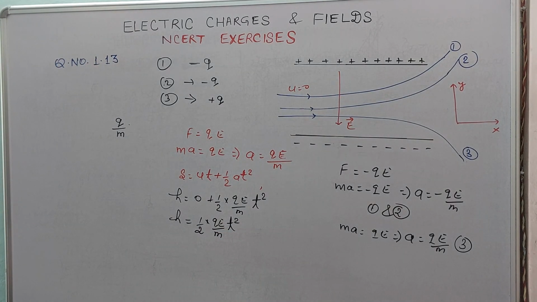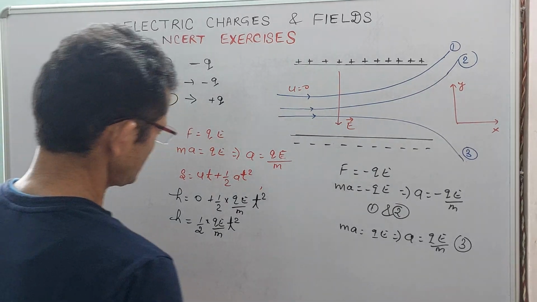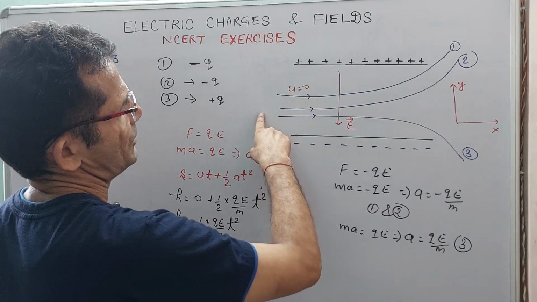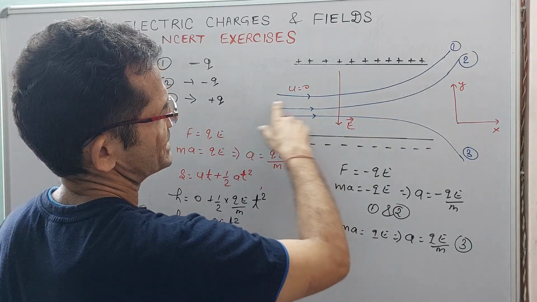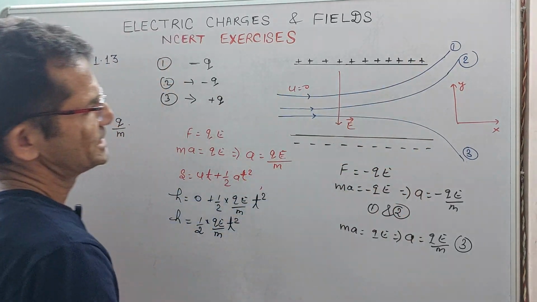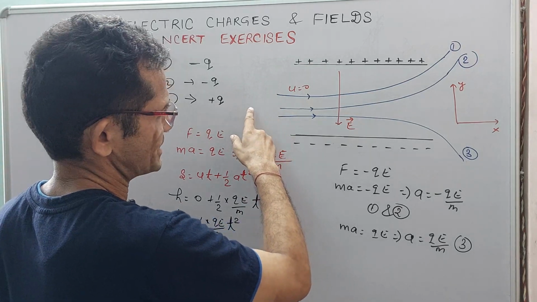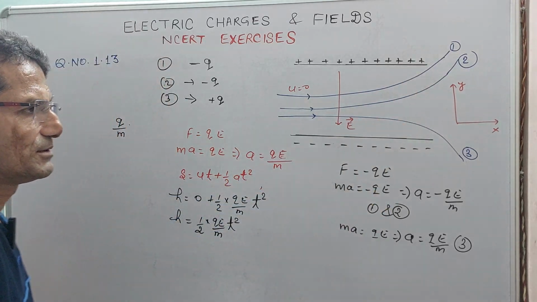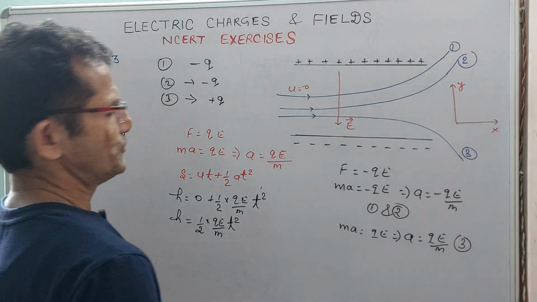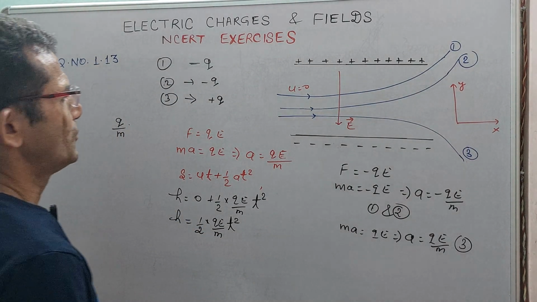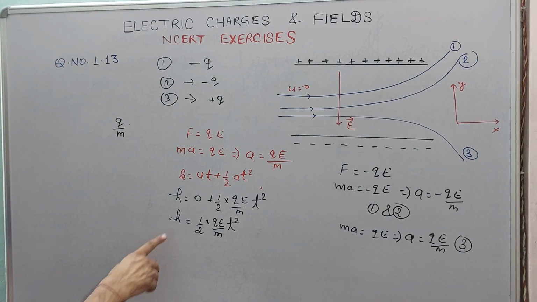Since the forces on the particles are the same, and all three particles are going from the mid place, this is the mid region between the charged plates, the time taken to reach the end will be the same, because the forces between the plates are the same. So here h is equal to QE upon 2m into t square, this is our value.